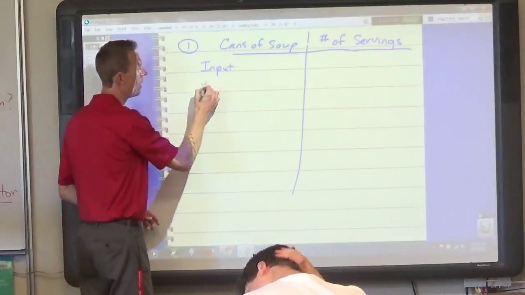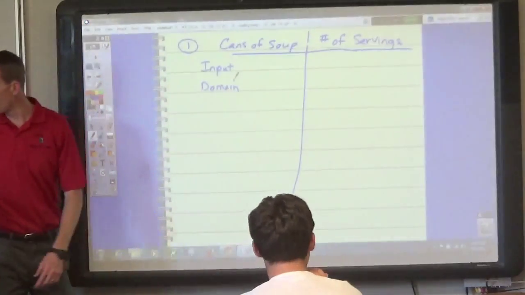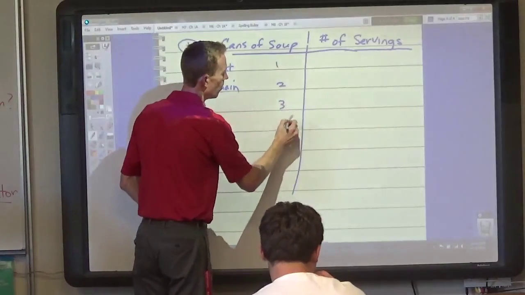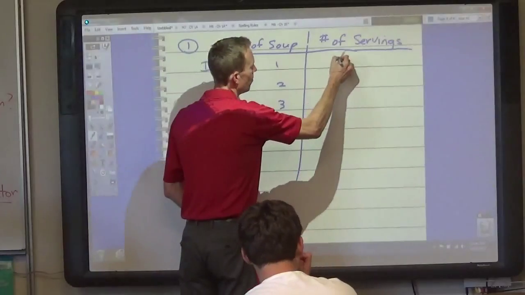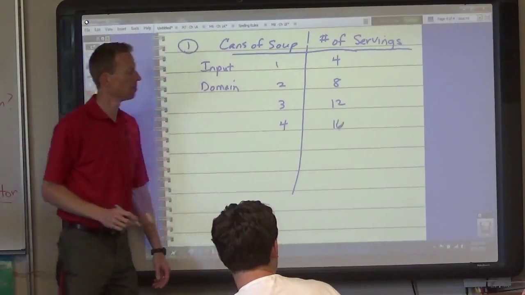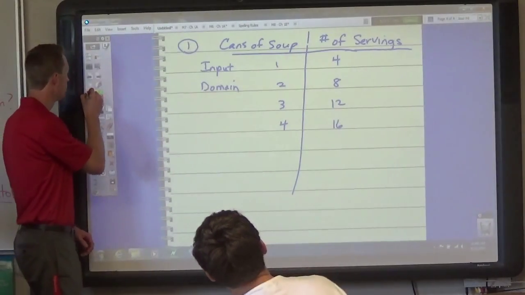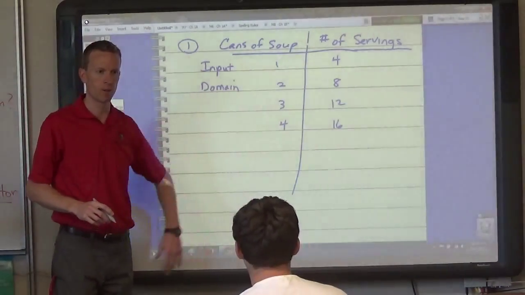This is also the domain. Then it gives us some numbers: 1, 2, 3, 4, and 4, 8, 12, 16. Right?